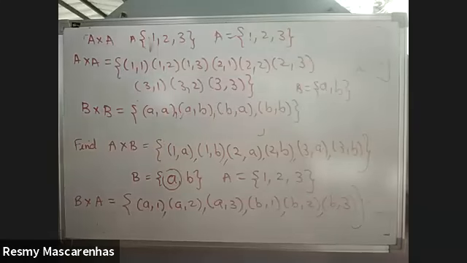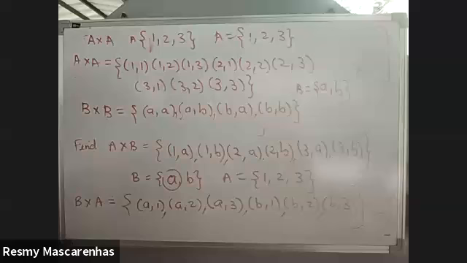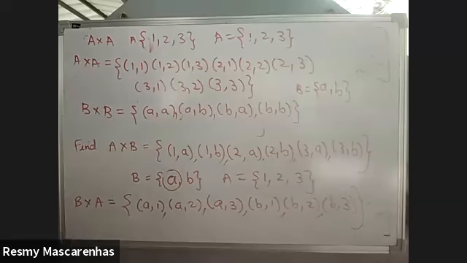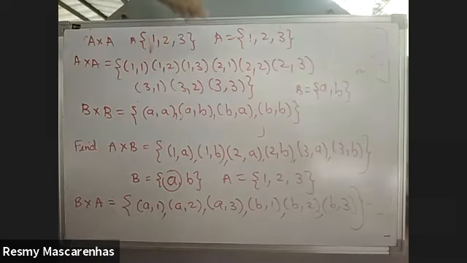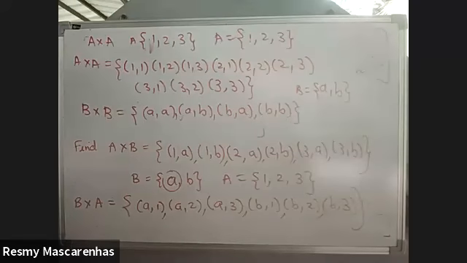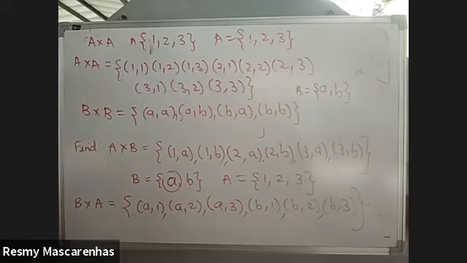Okay, so these are simple ones which you already know from 11th standard. There is some note which has been given. If A has m elements and B has n elements, then A cross B will have m into n ordered pairs.